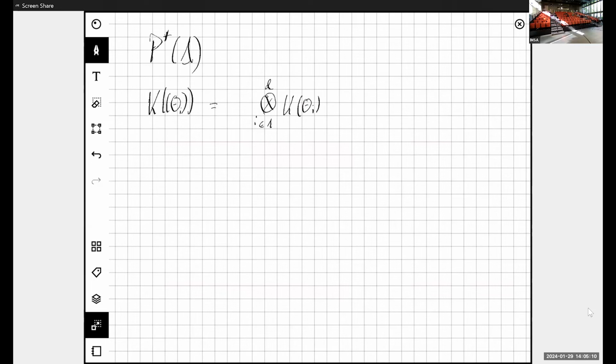So I take the tensor product of the Koszul complex of single elements, and now I have to just explain to you what K of a single theta is. And what is it? Well, this is just a complex given by, I have my ground ring, right?